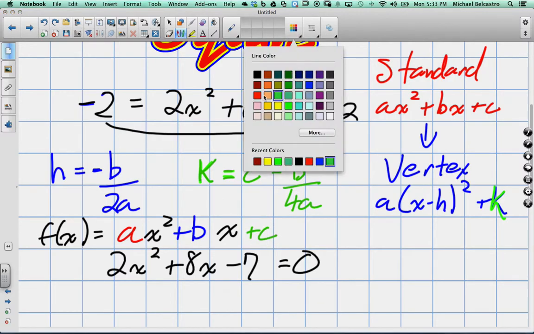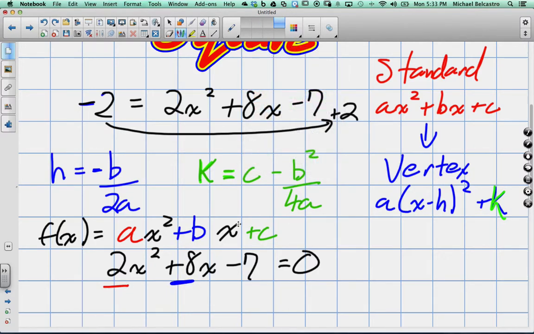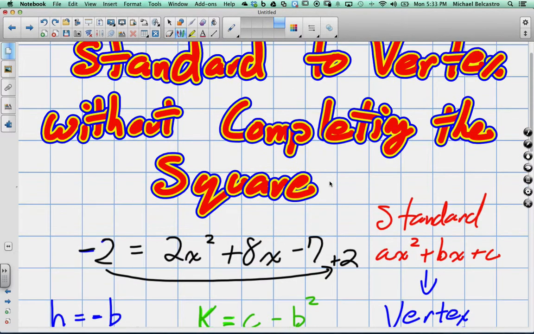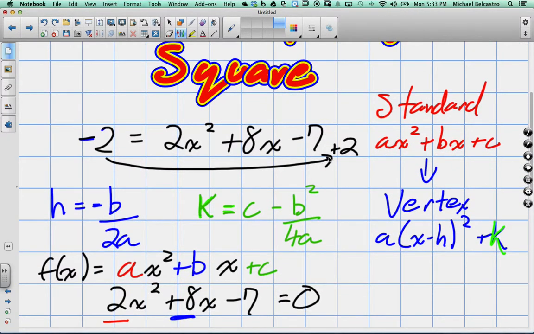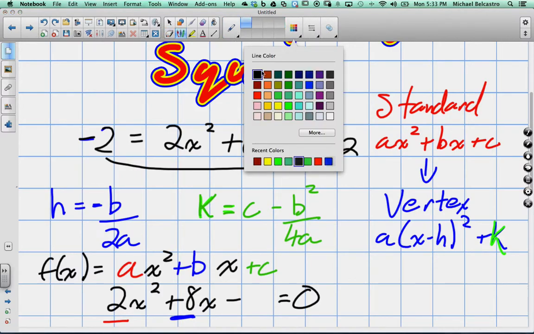Great, that's really important. What's our b value? 8. And what's our c value? 7. Oh, actually, I made an error there. It's -7. We brought the 2 over, right? -7 plus 2, so that should be a 5 now. Just keep that in mind so we get the right answer. That's our c value.